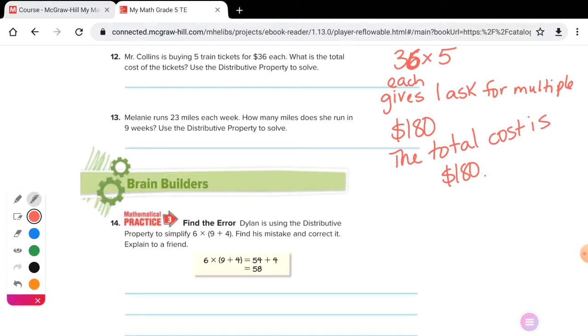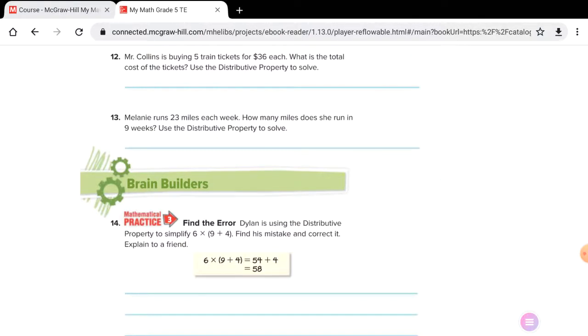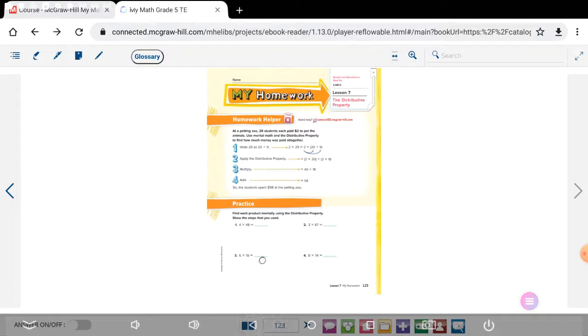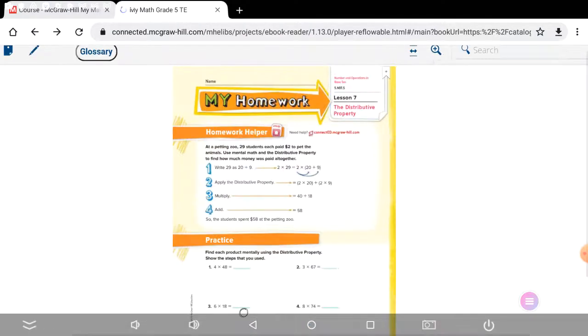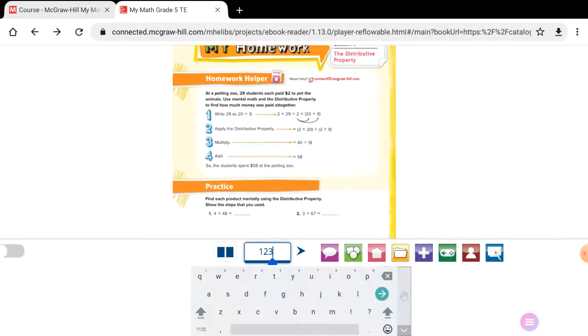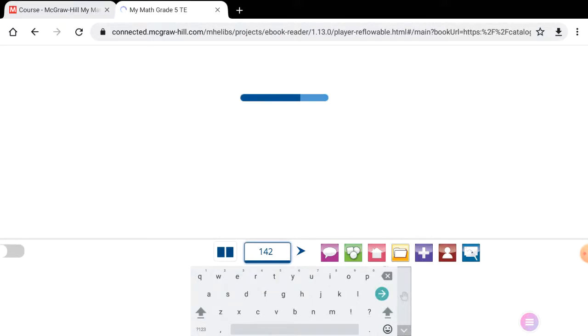Okay, the other one was on page what, 142? Okay, give me just a second to get there. What number was it? 5, and this one was tricky. Why?